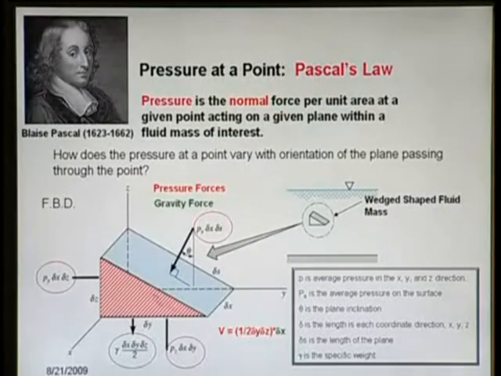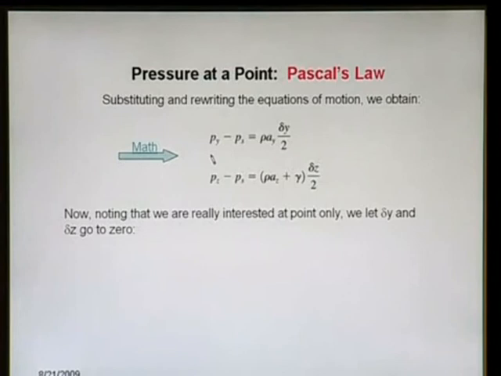By incorporating this concept and further solving it, we get this equation: Py minus Ps is equal to rho ay delta y divided by 2, and similarly in the z direction, Pz minus Ps is equal to (rho az plus gamma) delta z over 2.